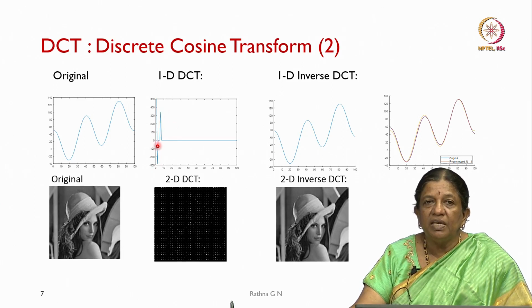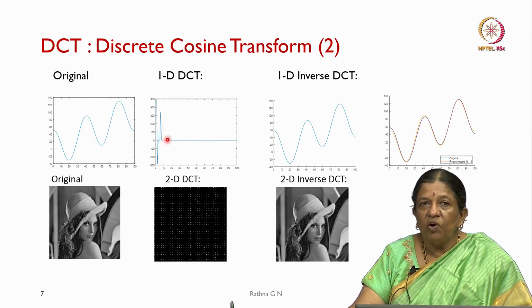As you can see, only at the lower frequencies do you have some values, both positive and negative, and after that it is almost 0. Then I can represent those as 0, and if I reconstruct, that is take the 1D inverse transform, I will get back my signal.